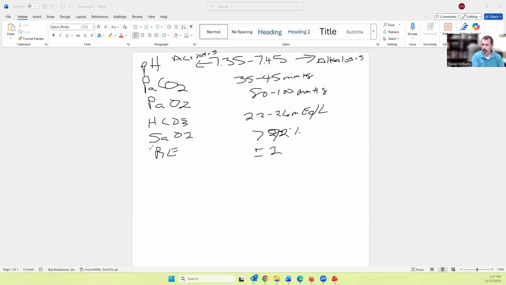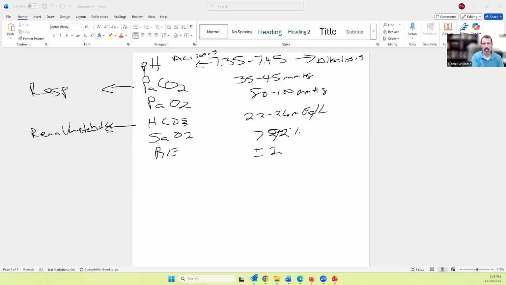You have a respiratory component to your blood gas, and a metabolic or renal component, and those can be used interchangeably. The PaCO2 is utilized as our respiratory component, and the bicarb is utilized as your renal or metabolic component.